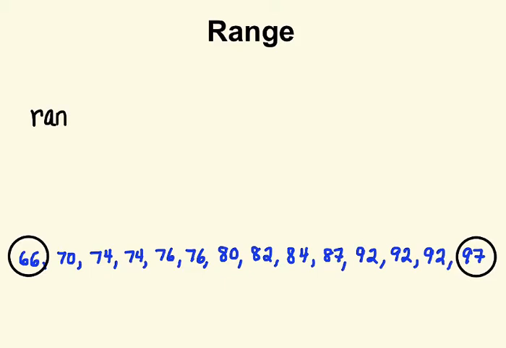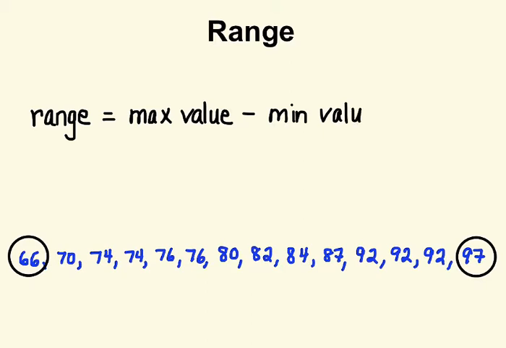this gives us an idea of the spread. The range of our data is our maximum data value minus our minimum data value. And in this particular case, let me grab this, copy it.